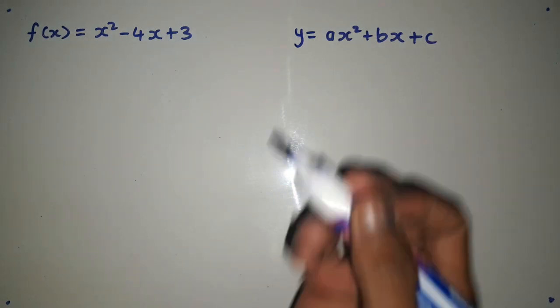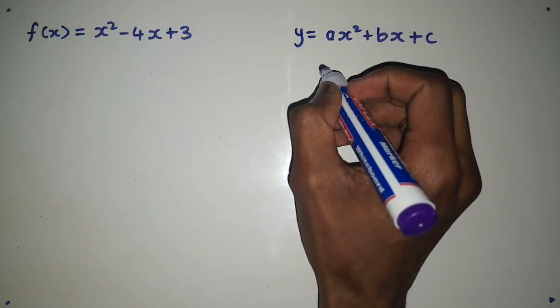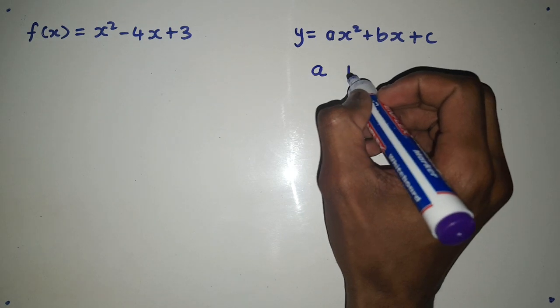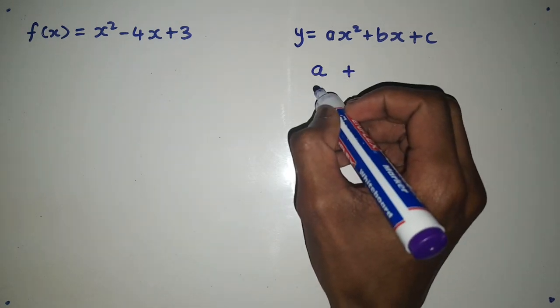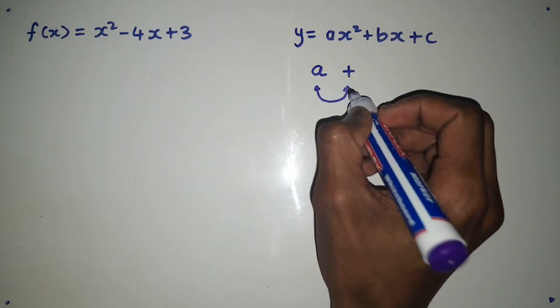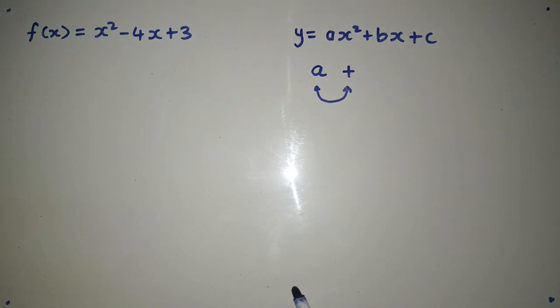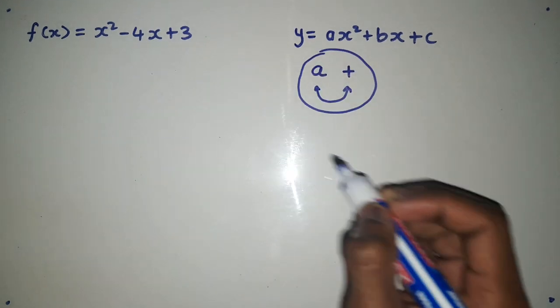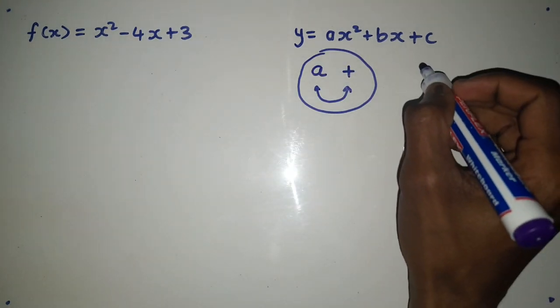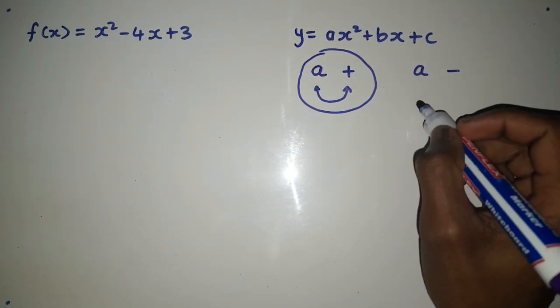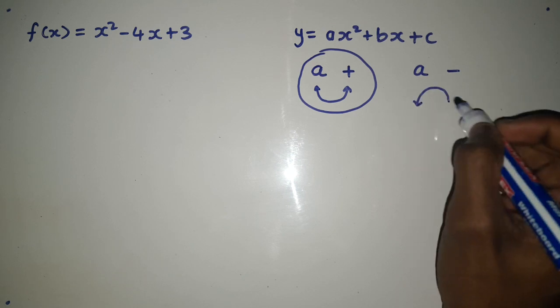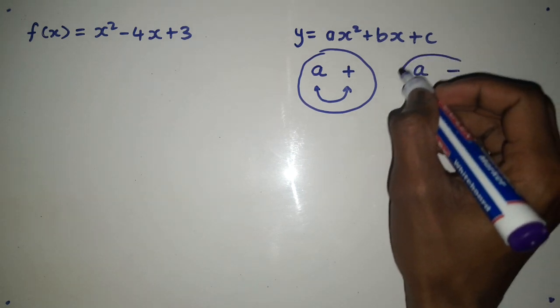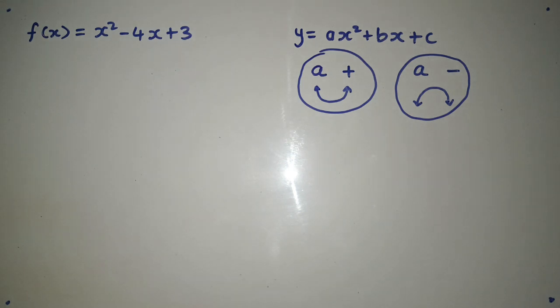Also, if the value of a is positive, we are going to get a happy face like this. Now, if our a value is negative, we are going to get a sad face like this. Do you understand?